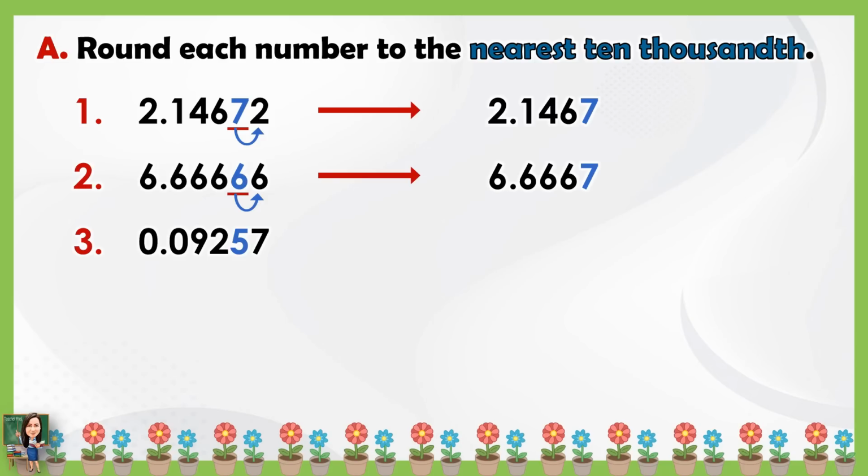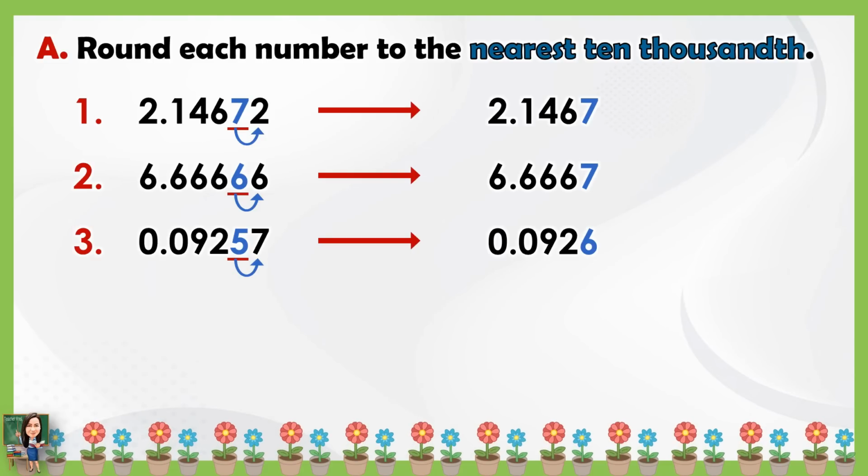Number 3. 9,257 100,000ths. The number in the nearest 10,000ths place is 5. The digit to the right of the rounding place is 7. 7 is greater than 5. So we are going to add 1 to the rounding place. 5 becomes 6.